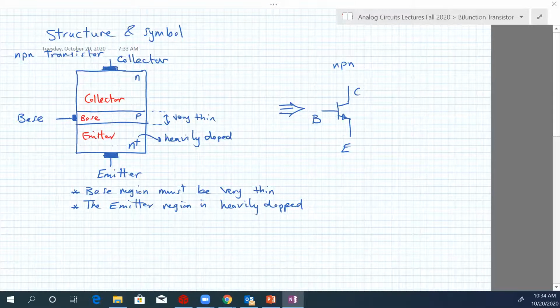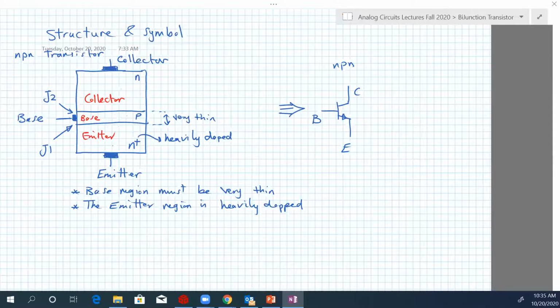If we look closer now, we have two PN junctions. We have a PN junction between the base and the emitter, so let's call it J1, junction 1. And we have another junction between the base and the collector, this one here, J2. Since we are concentrating on amplification, there are some requirements for J1 and J2 so that this structure can work as a voltage dependent current source, so we can use it as an amplifier.